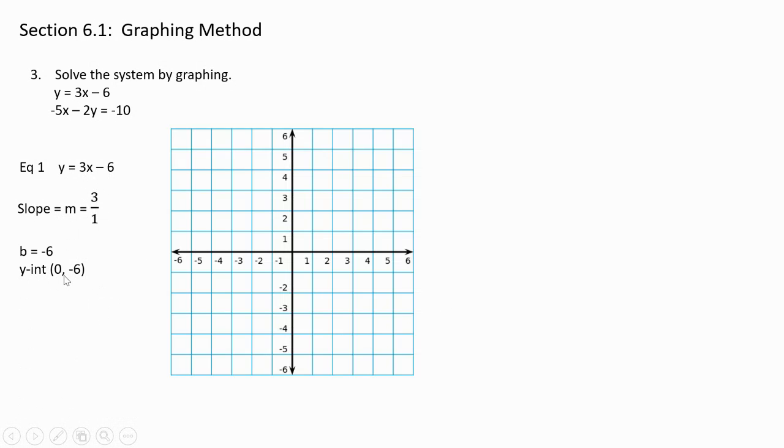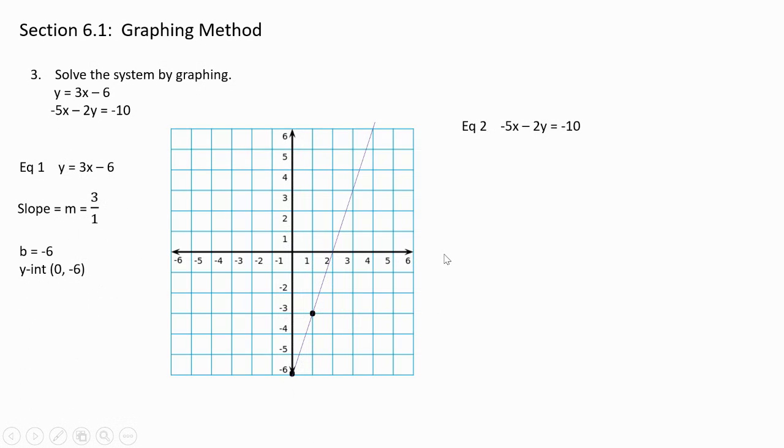So we go to the y-axis, all the way down to -6. Then the slope is +3 over 1, so we go up 3 (1, 2, 3) and 1 to the right. So my point should be there, and if we continue in the same fashion, it's going to be the same line. So this is the graph for equation number 1.